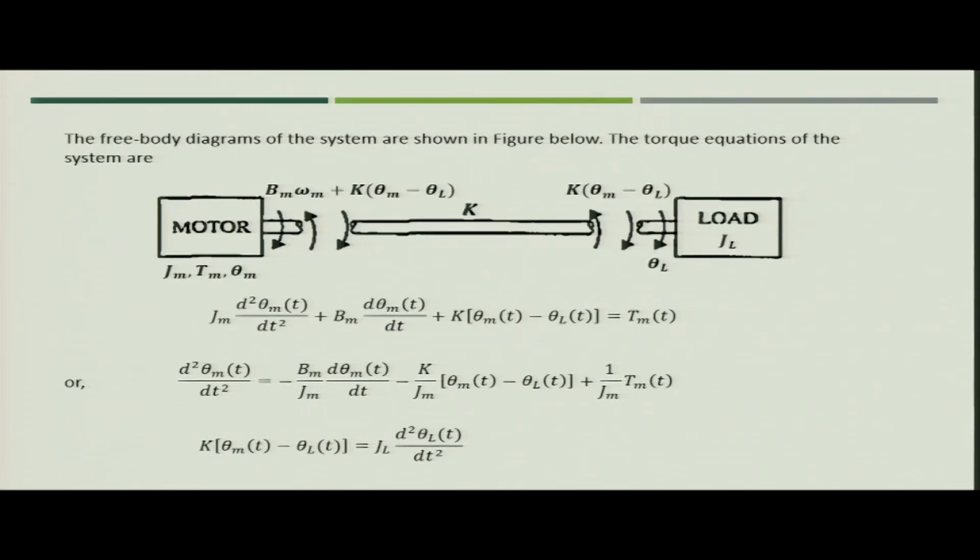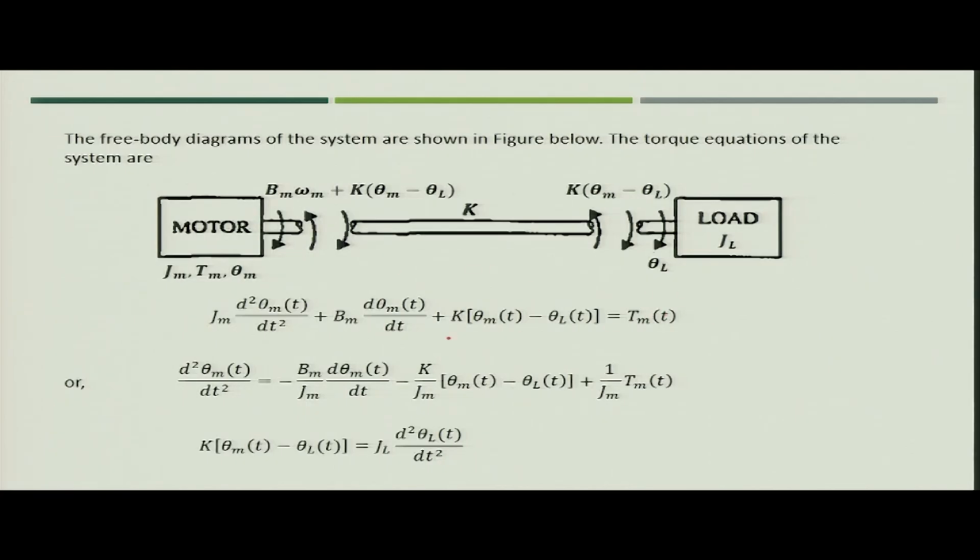So, you can write that the torque reflecting at the output of the motor, Jm d2 theta m by dt2, equals Tm minus the viscous friction coefficient multiplied by the angular velocity. This is your viscous friction torque, that is Bm d theta m by dt. Similarly, for the torsional spring you will have torque as K times theta m minus theta L.